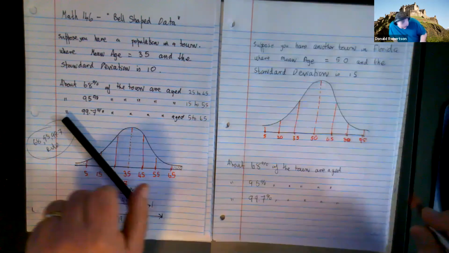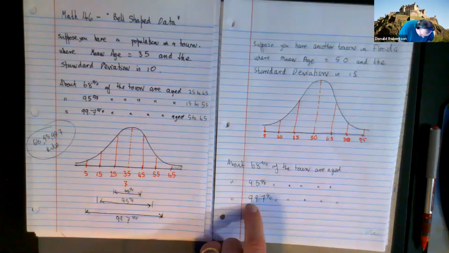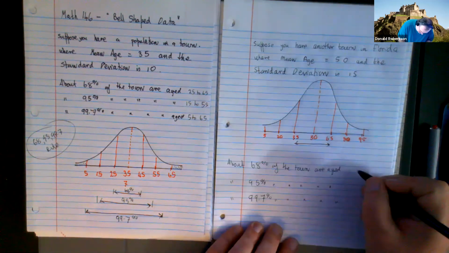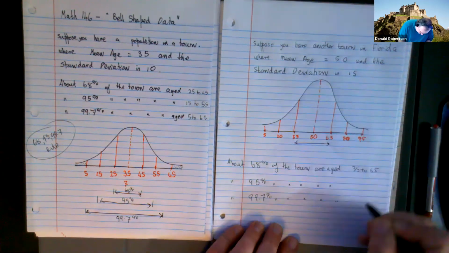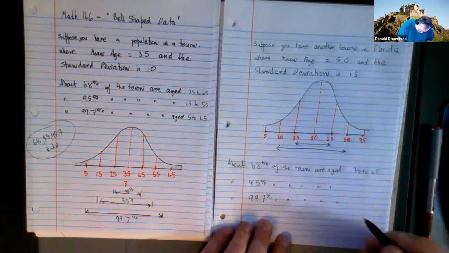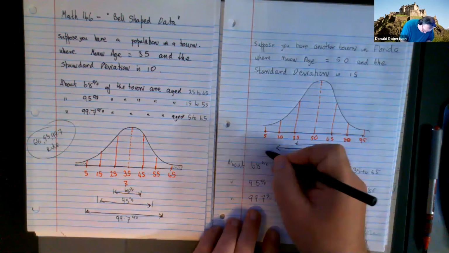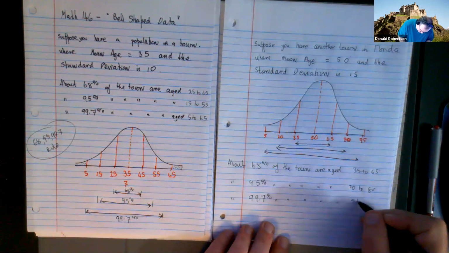So if I use the 68, 95, 99% rule, can you see that in that range, the 35s to 65-year-olds, and then this range here, that's 2 standard deviations, that's 20 to 80, and then this range here, you get 5 to 95.